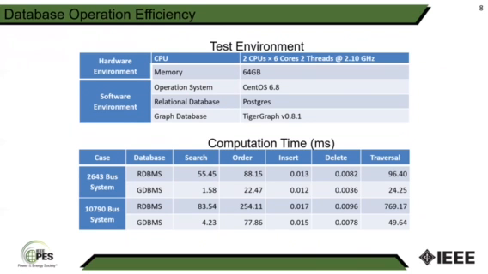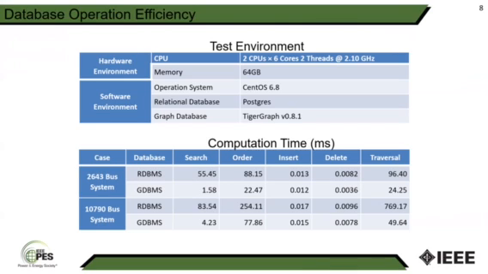So we used this test to test the performance efficiency of database operations using a relational database and a graph database for two different sizes of systems. One is a 2,643-bus system, another is a 10,790-bus system. We tested the commonly used database operations, including searching, ordering, inserting, deleting, and topology.